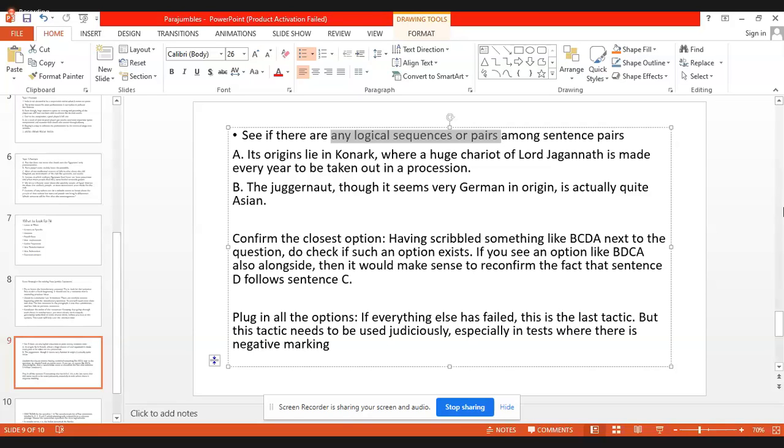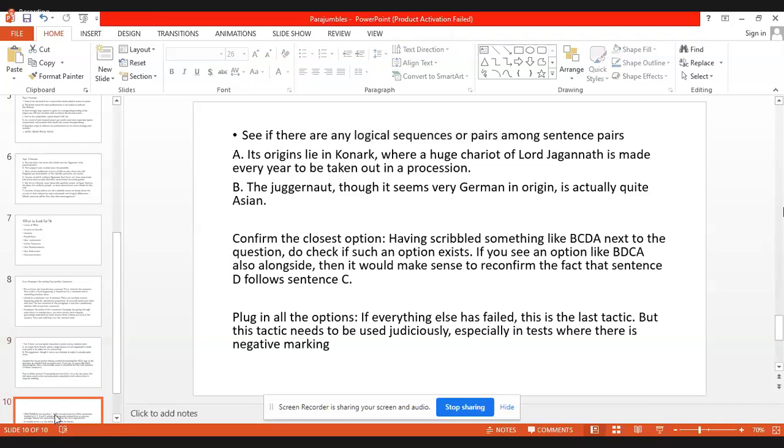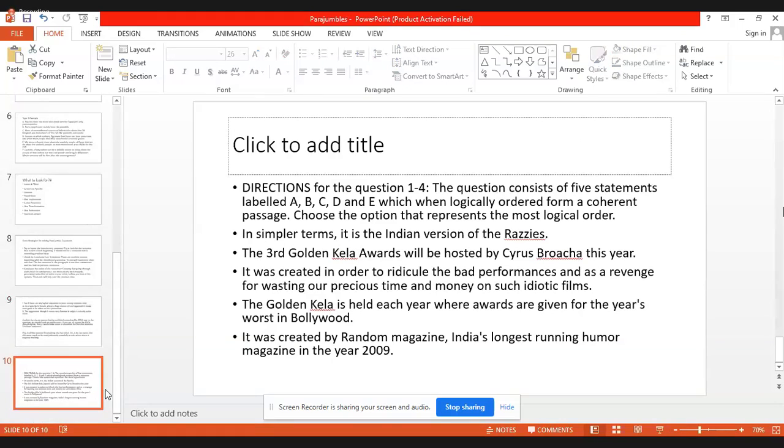Say one says A, B, C, D, E. So you read the whole thing, plugging in A, B, C, D, E. For example, another says A, D, E, C, B. So then you plug in this sequence. And any sequence that sounds logical to you as a paragraph, not one or two statements, but the entire paragraph together, you can go for that as the correct answer, right? So these are a few things that you have to keep in mind.